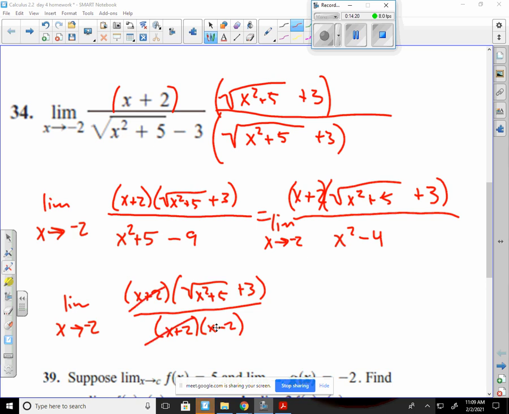X plus 2's cancel. Negative 2 minus 2 gives me negative 4, which is not 0. Then I plug negative 2 in. Negative 2 squared is 4. 4 plus 5 is 9. 9 plus 3 is 12. 12 over negative 4 gives me negative 3.